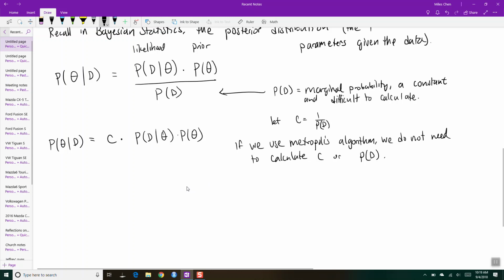Okay, so I'm going to spend the rest of our class time doing just an application of the Metropolis algorithm that I think is pretty cool. Maybe you had fun with the homework assignment, maybe not.